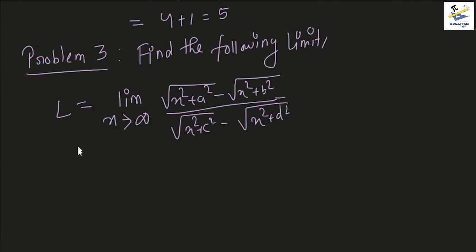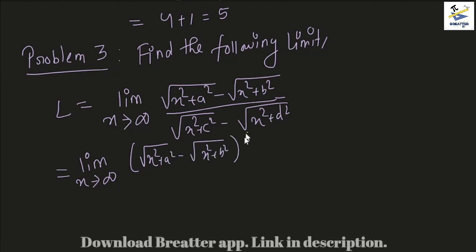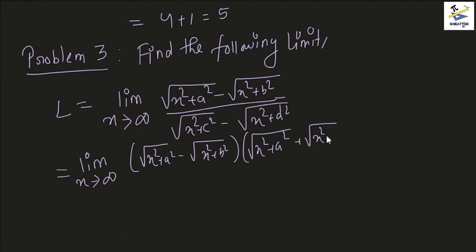Let this be L. So this is equal to, we shall multiply by this: root over x square plus a square plus root over x square plus b square.